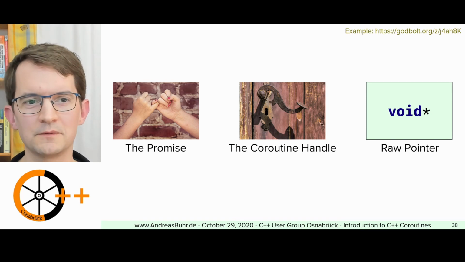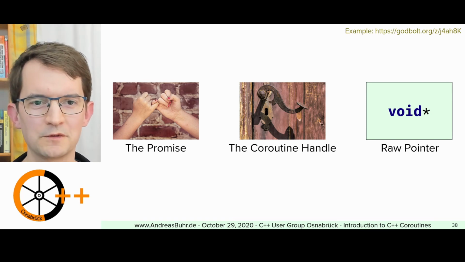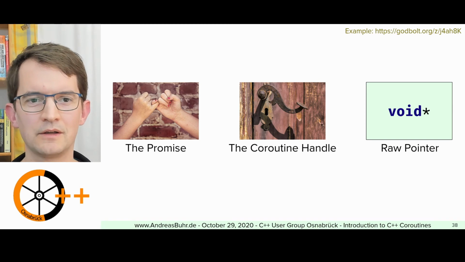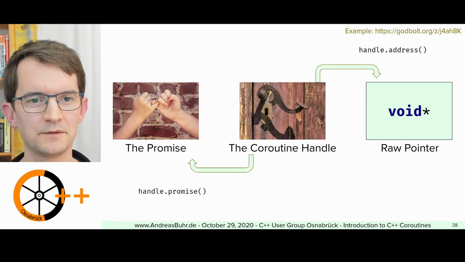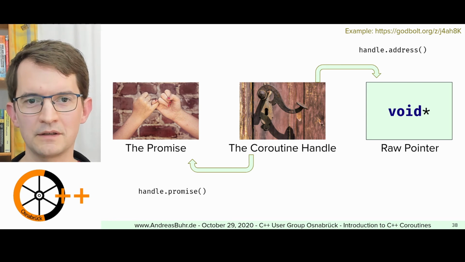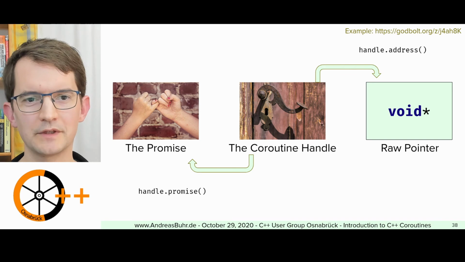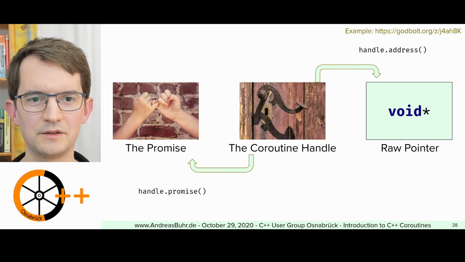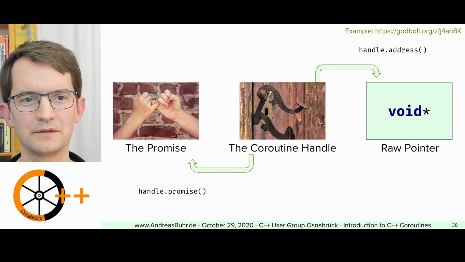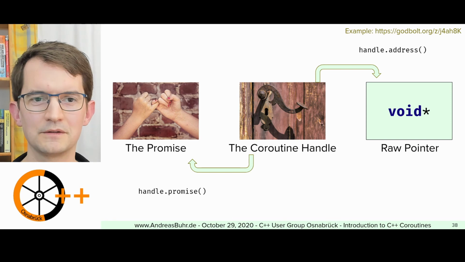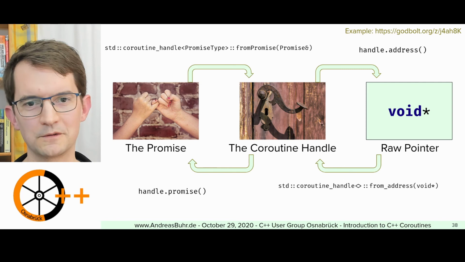It's kind of equivalent to have the promise object or a coroutine handle, or even having a raw pointer representing the coroutine. If you have a coroutine handle, you can call .address on that handle and you get a void star raw pointer. This is intended for interoperability with C interfaces. And you can call .promise, and then you get the promise object associated with that coroutine. And you can also go back.